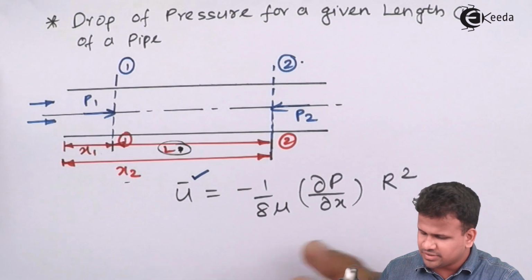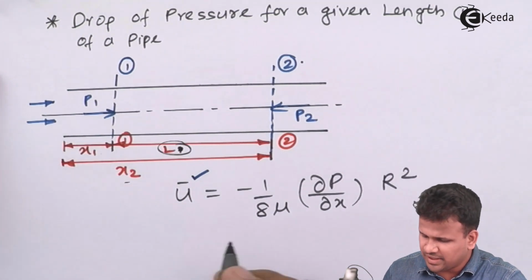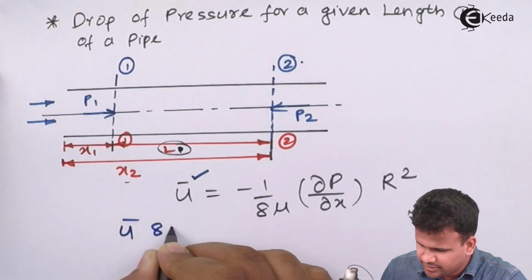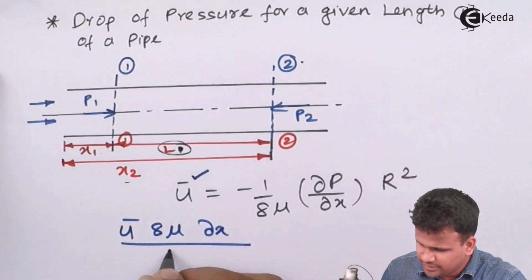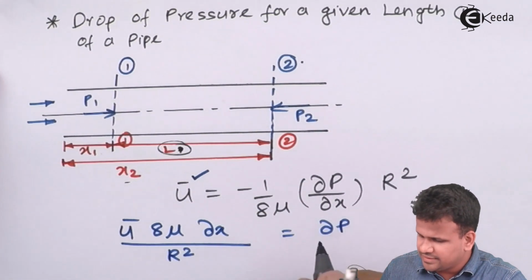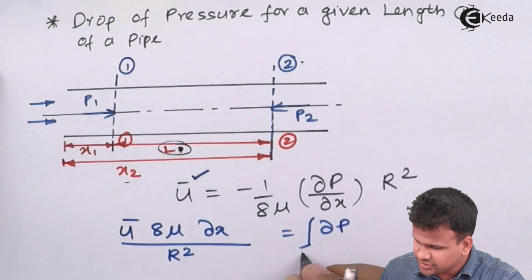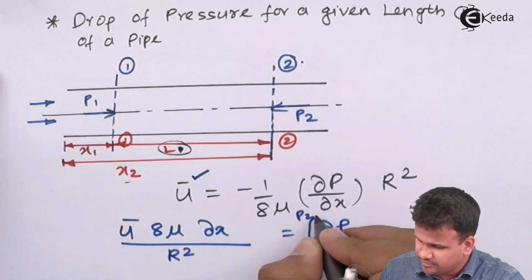So now let us cross multiply this. What do we get? This will be u bar into 8 mu into dou x upon r square is equal to dou p. Now we have to integrate this from pressure P equals P1 to pressure P2.